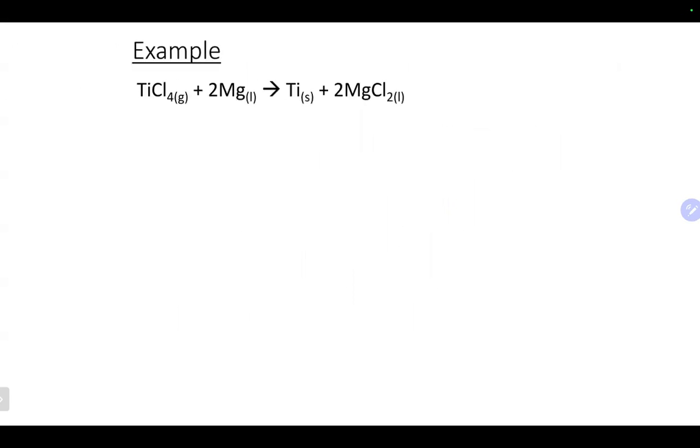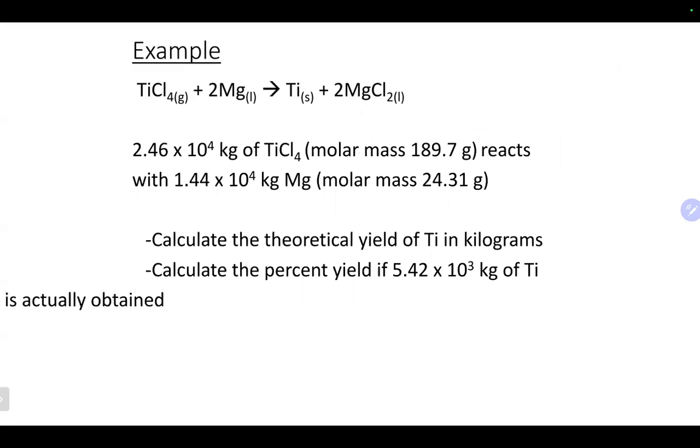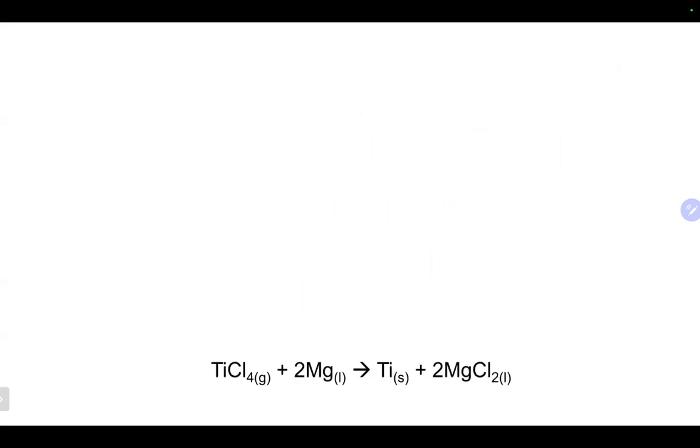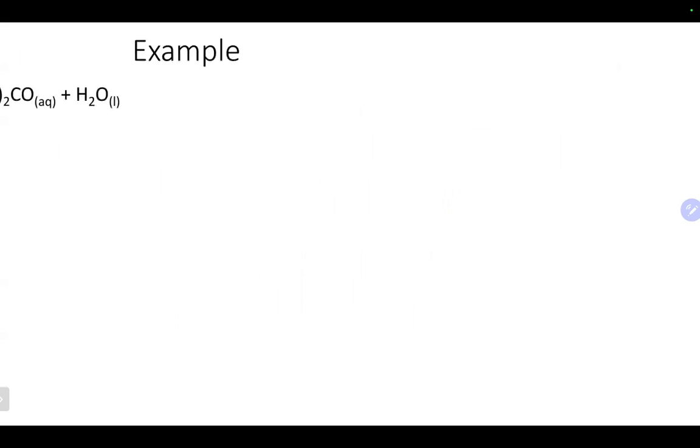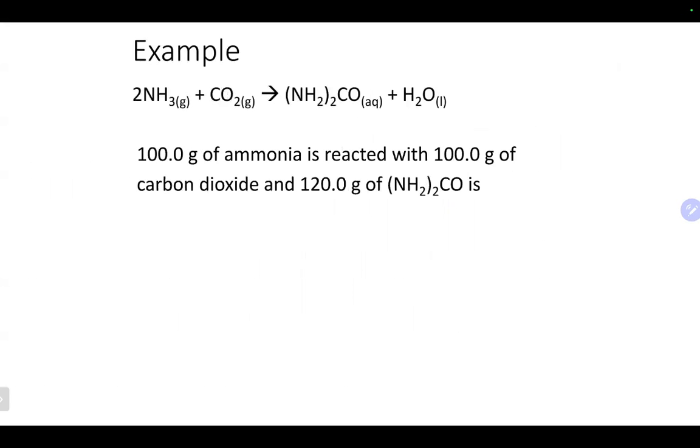So let's try one more here to end the day and the week. Let's do this one, which uses the same molar masses that we just used on the previous problem. If you take 100 grams of ammonia and react it with 100 grams of carbon dioxide, and you produce 120 grams of this product, determine the percent yield.